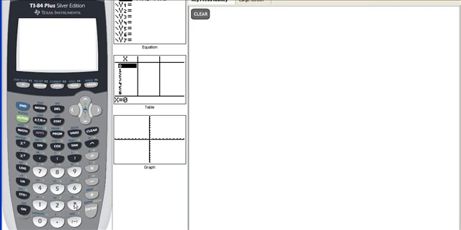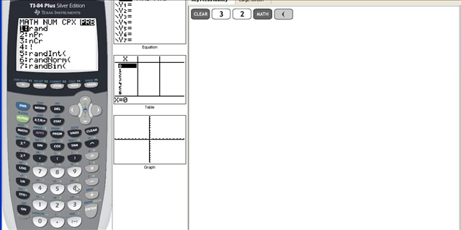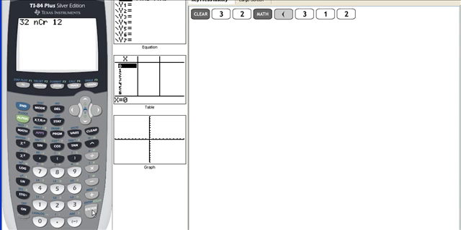Okay, 32, and I want to go to probability under math, and I want combinations, so I want number 3, and taken 12 at a time, and I'm getting 225,792,840. Okay, so that's a reminder of how we do it on the calculator.